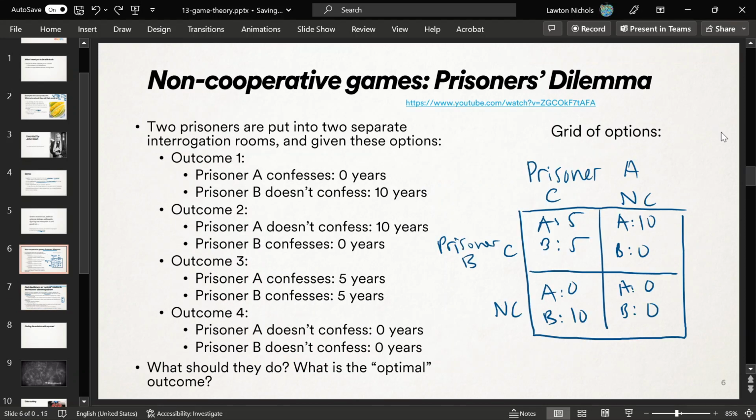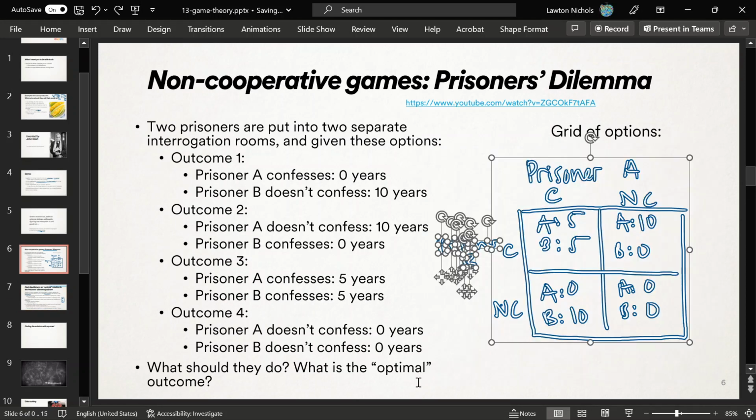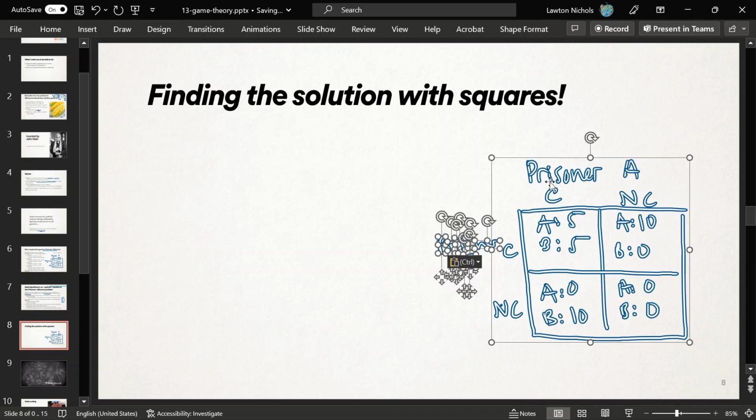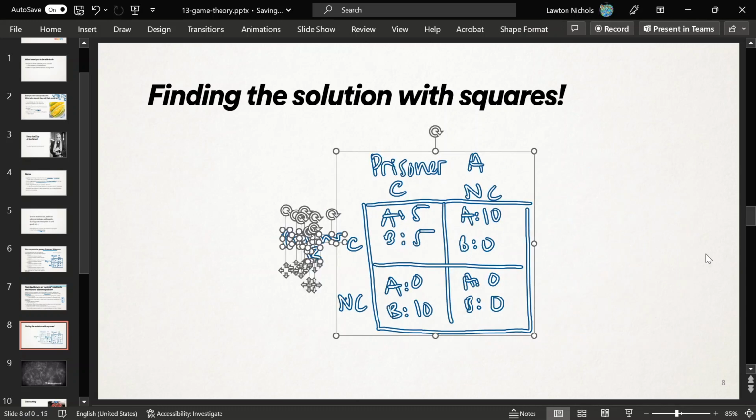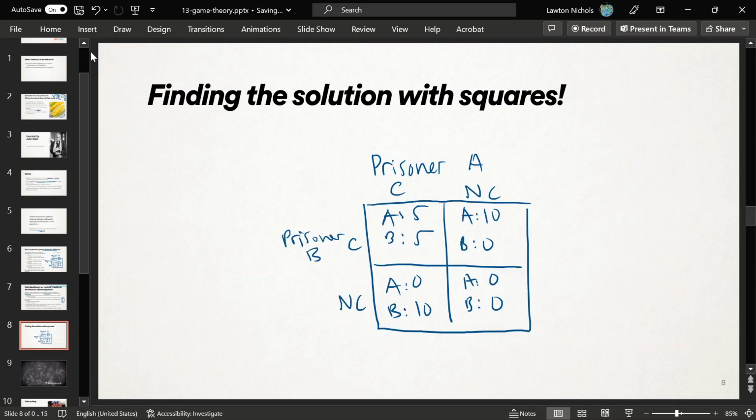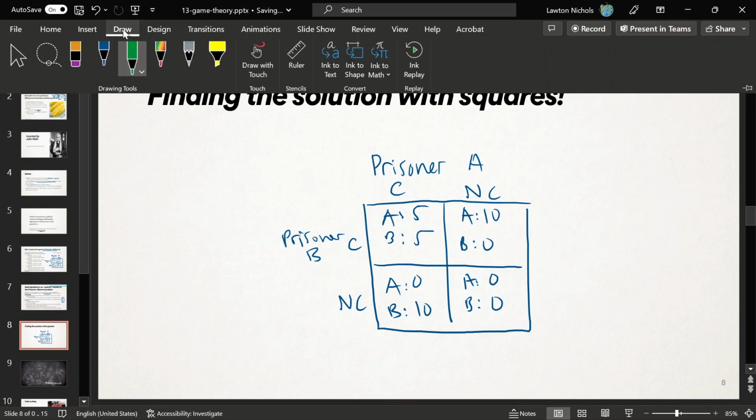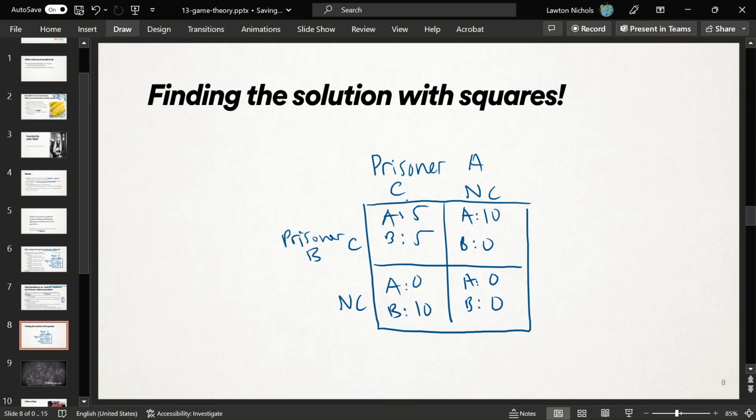So here's my grid. Let me copy and paste that. Here's how you discover the Nash equilibrium. Here's the math. So let's think about this from the perspective of prisoner A. It's equivalent if you think about it from the perspective of prisoner B. But what are prisoner A's options, right?